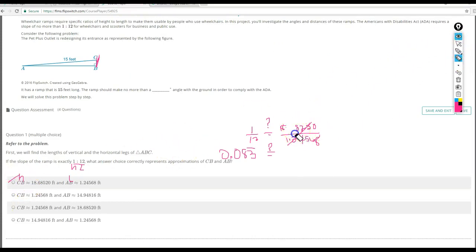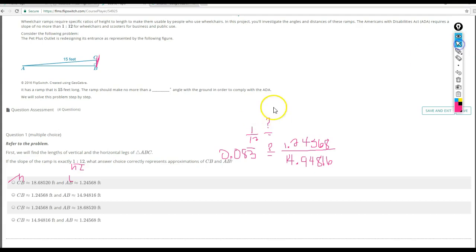So now we're going to set up our next ratio of height to length in a proportion. It's given that CB, our height, is approximately 1.24568, divided by the length of AB, which is 14.94816.